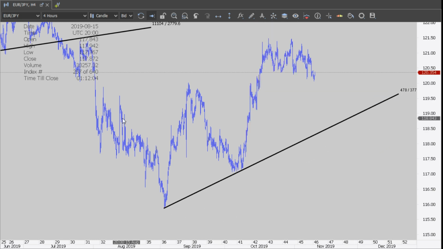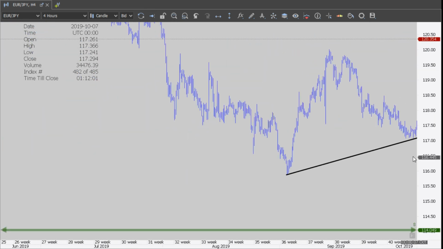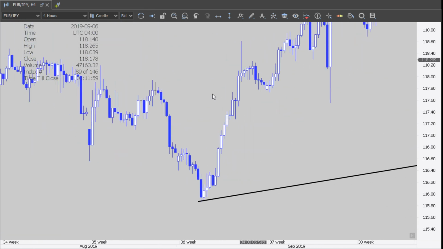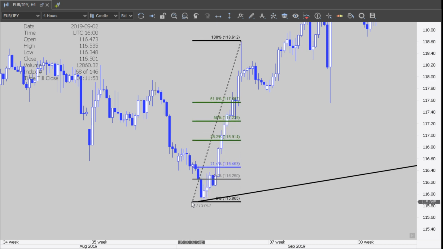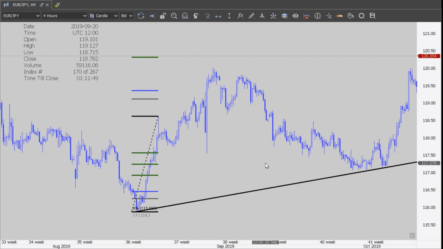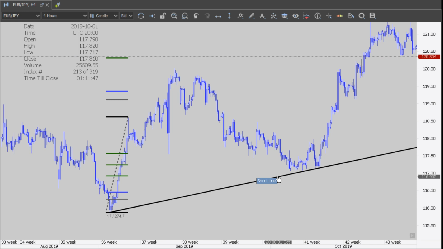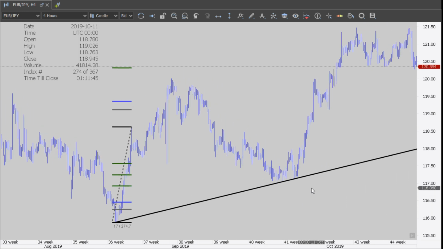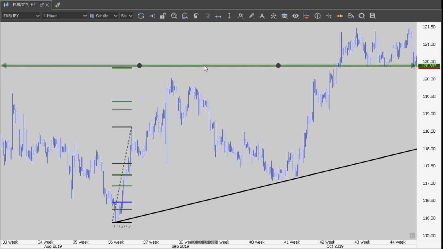draw an up trend line and start to draw the Fibonacci retracement tool, high to low. This is the first swing, and let me see. The market broke? No, the market didn't break, but is this the high?